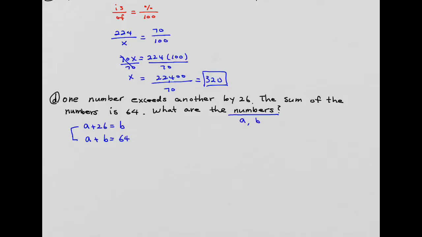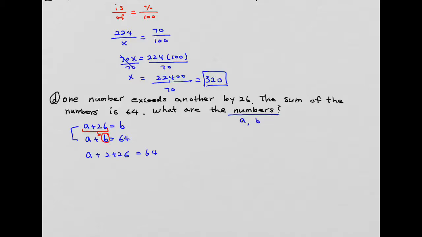So since I have in the first equation B equals this, I can replace this B by A plus 26 to make one equation with one variable. So then I will have A plus, instead of B, A plus 26 equals 64. So again, just replacing this B, right?